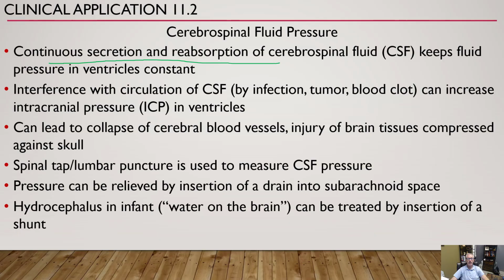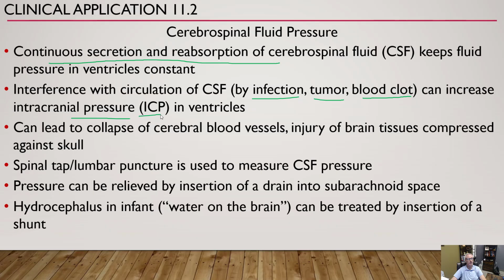And you might have a blockage in the arachnoid granulations or in the interventricular foramina, and that pressure can actually build up. Or let's say that you have an infection in your brain. You have meningitis, or if you have a blood clot or a tumor, anything can increase your intracranial pressure.